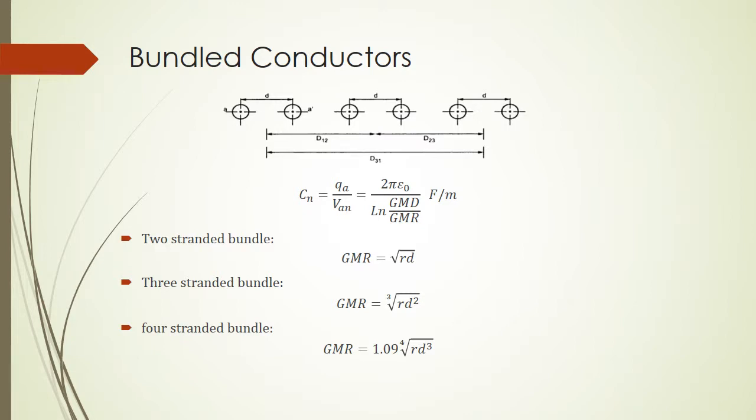And in case of a four-strand bundle, it is given by this formula: GMR equals 1.09 times the fourth root of R times D cubed.